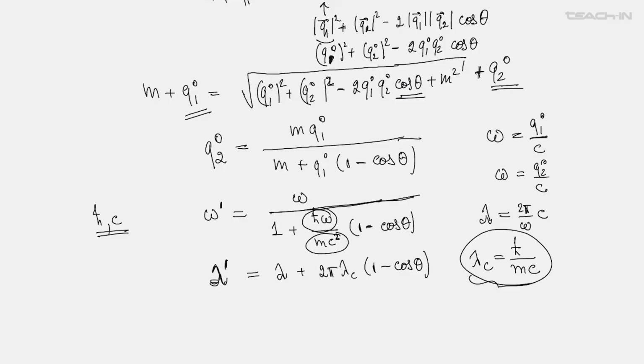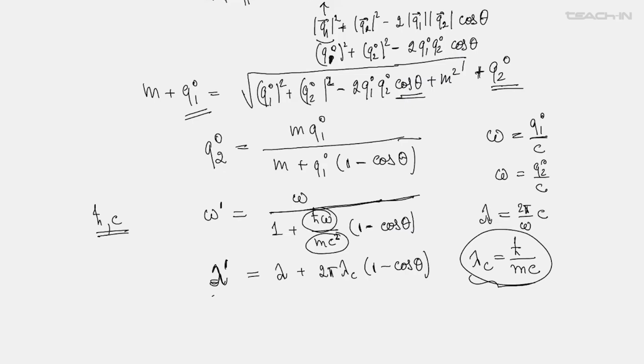It comes from the Compton scattering through this formula, which relates the wavelength of the incoming photon with the wavelength of the outgoing photon. And what is interesting, you see from this formula, is that the wavelength of the outgoing photon is always bigger than the wavelength of the incoming photon.